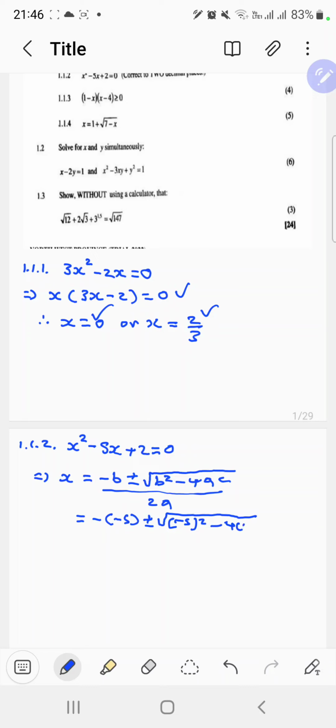Okay, minus 4 into 1 into 2. And then we're going to have 2 into 1. So I can make my conclusion. Of course, make a habit of cleaning this up and sorting out the discriminant nicely, but we're trying to save as much time as possible.